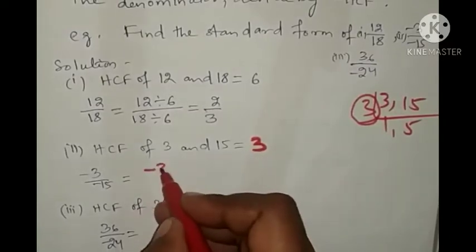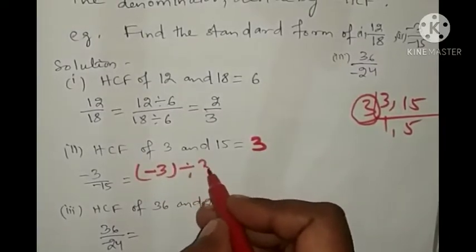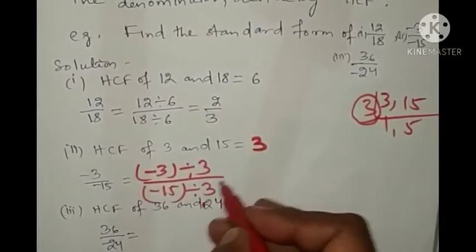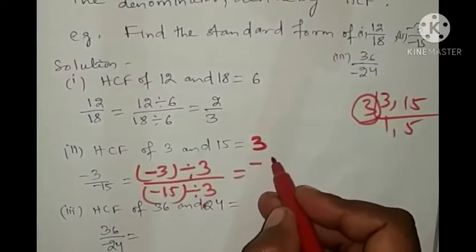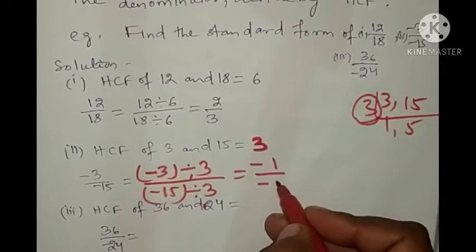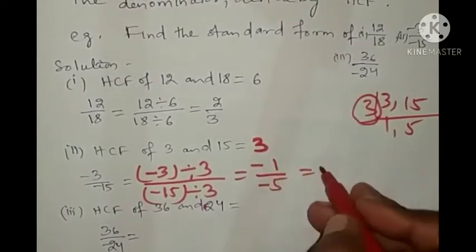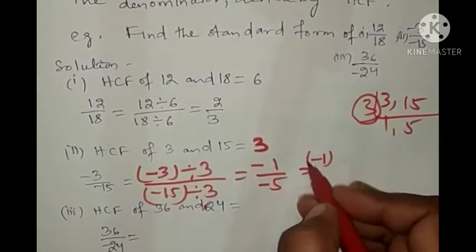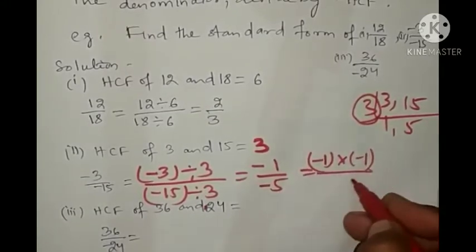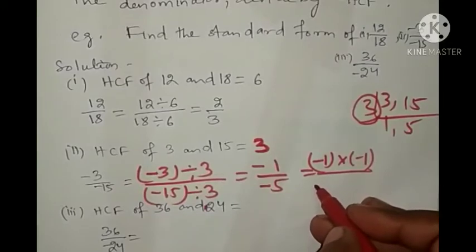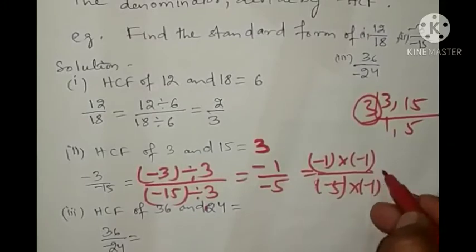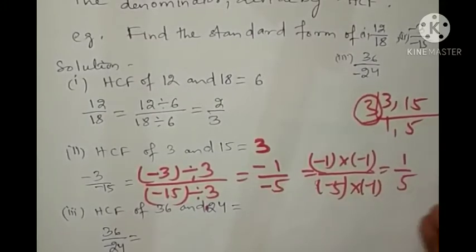So minus 3 divided by 3, and 15 divided by 3. What are you getting? Minus 1 by 5. If the denominator were negative, you could convert it to positive by multiplying minus 1 to both numerator and denominator. Minus 5 into minus 1, what are you getting? 1 by 5.